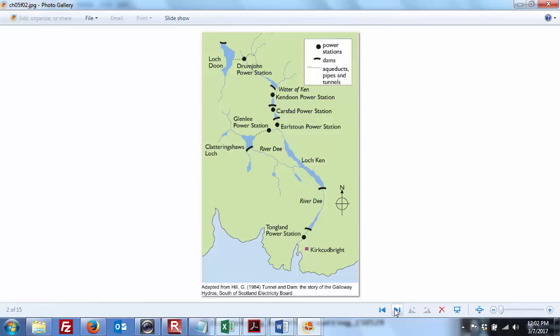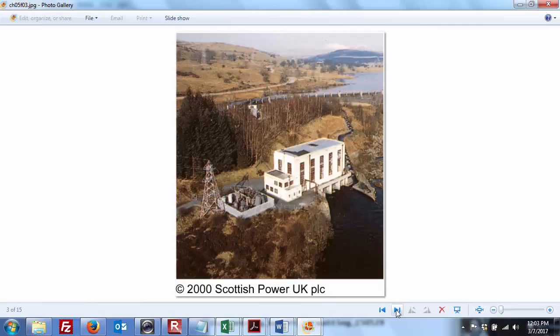So it's obviously the hydrological cycle that's driving that. And of course, the whole point here is to make electricity. There are also some neat little charts in the chapter that show you the heights of each one of these guys. Here's a nice little shot of a power station.